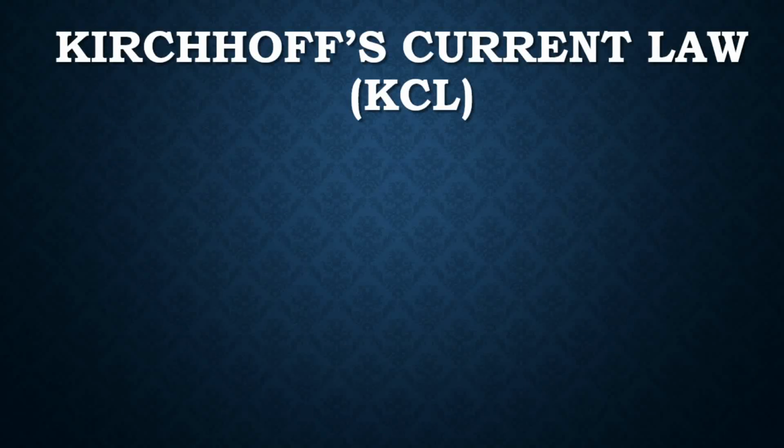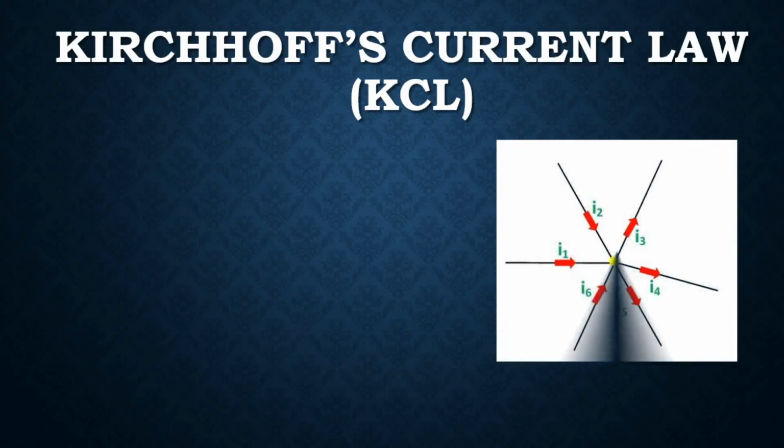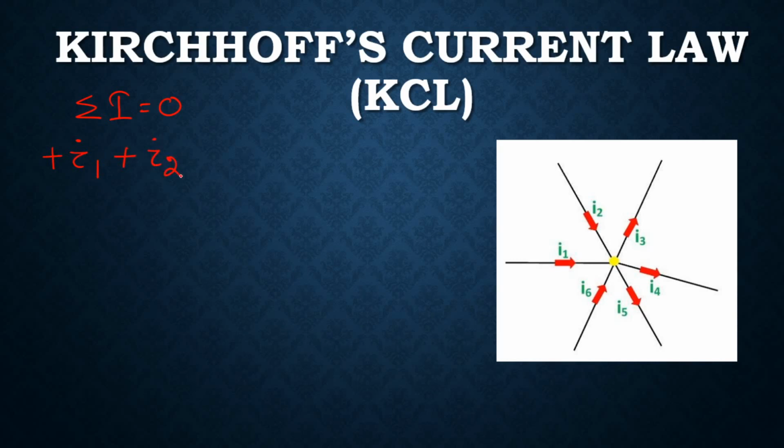I am considering the same diagram and I will be showing how Kirchhoff's law is applied to this node. Kirchhoff's law is summation I is equal to 0. So the current I1 which is entering the node, if I take this as positive, then I have to take all the currents which are entering the node as positive. So I2 which is also entering the node will be positive.